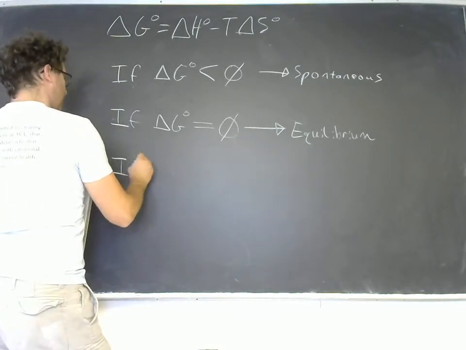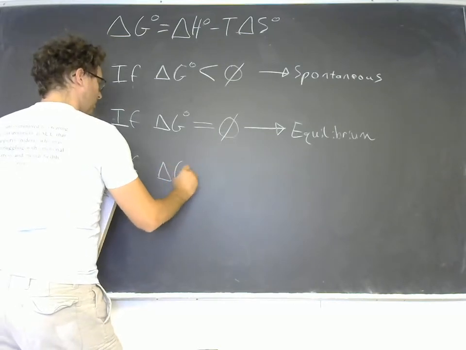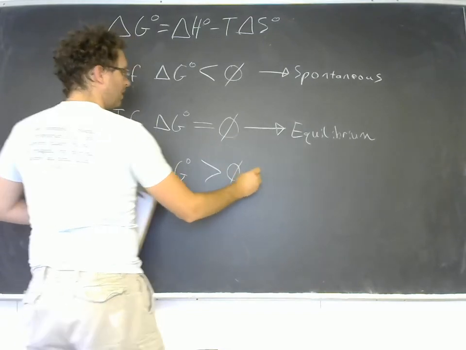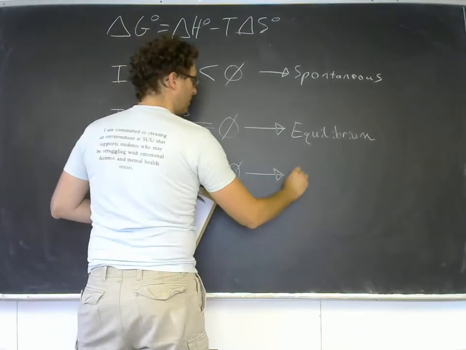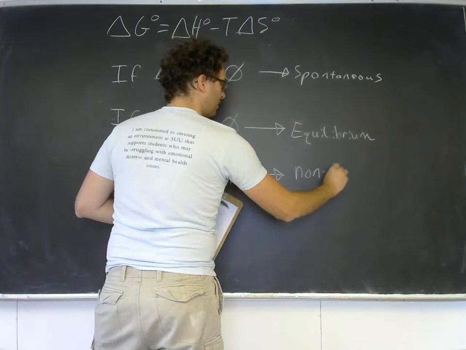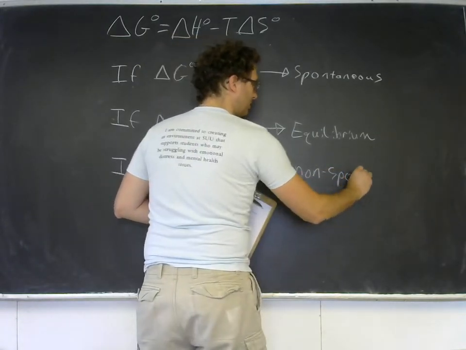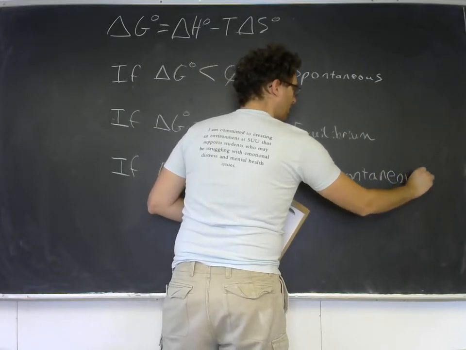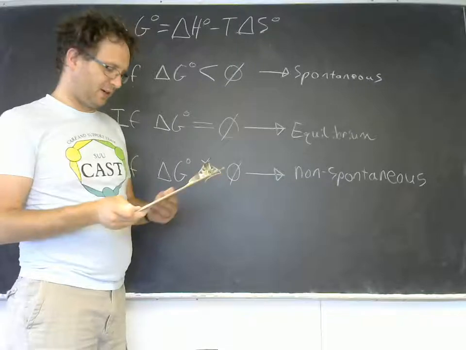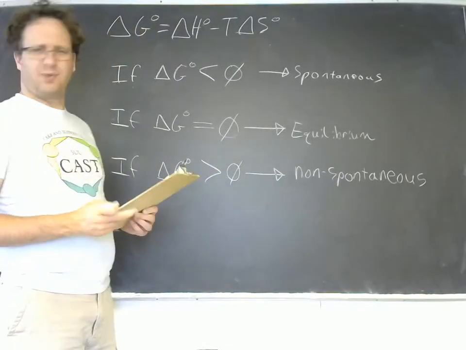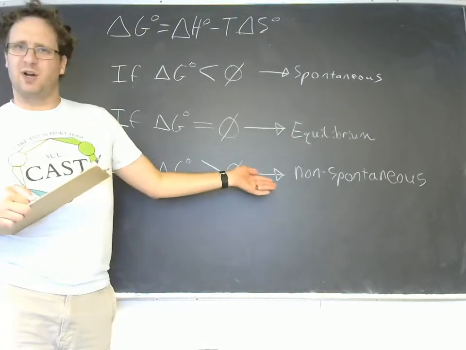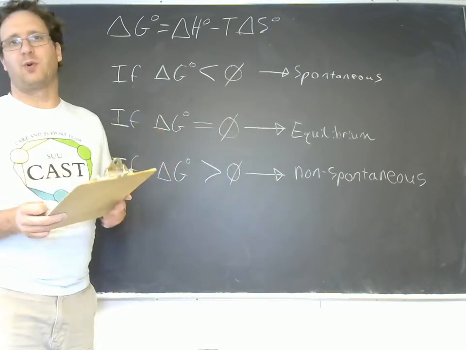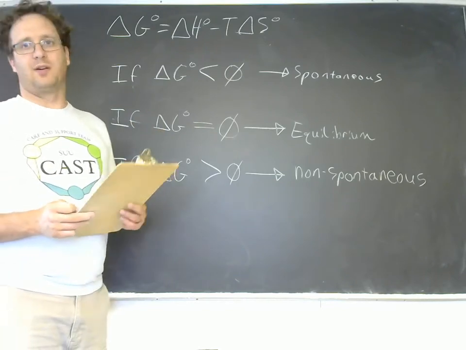And then if delta G naught is greater than 0, then that means our process is non-spontaneous. A non-spontaneous process. Okay, and in principle, a non-spontaneous process may mean that the reaction will go backward. We'll explore that idea a little bit later as well.